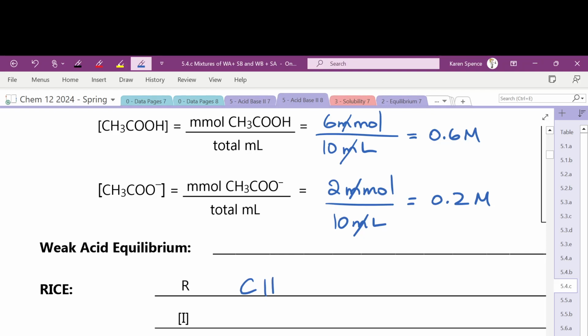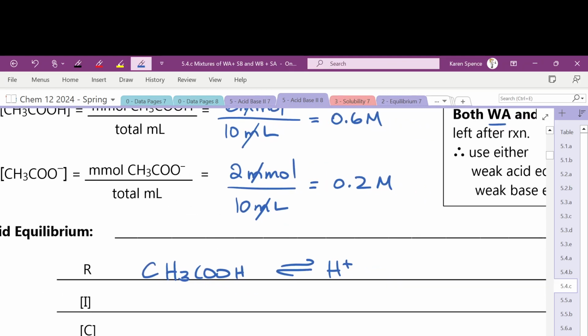Okay, so CH3COOH in equilibrium with H plus and CH3COO minus. That is the equilibrium that you get.